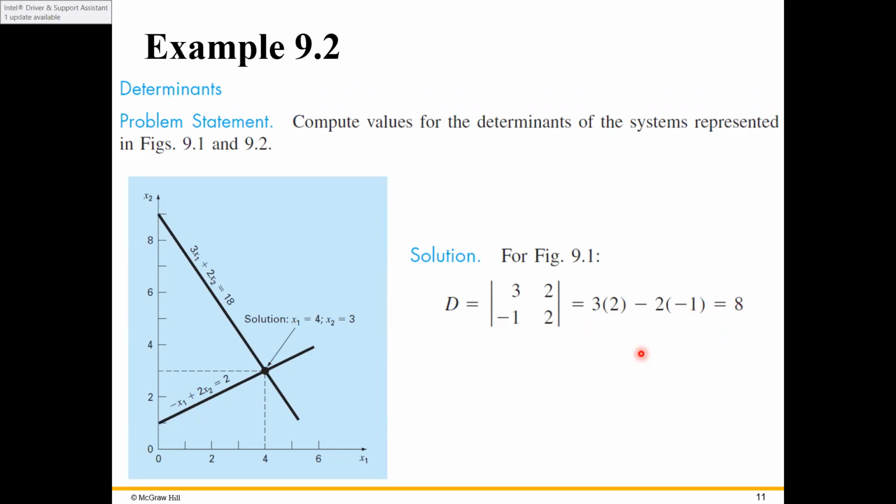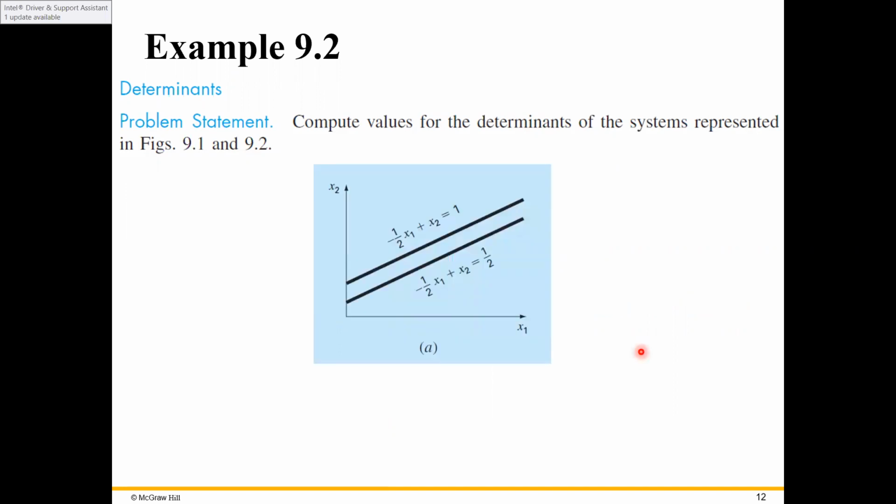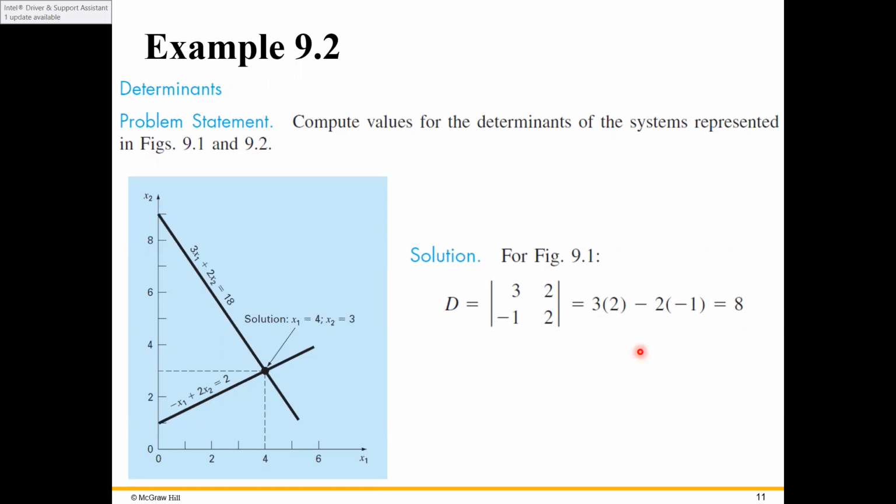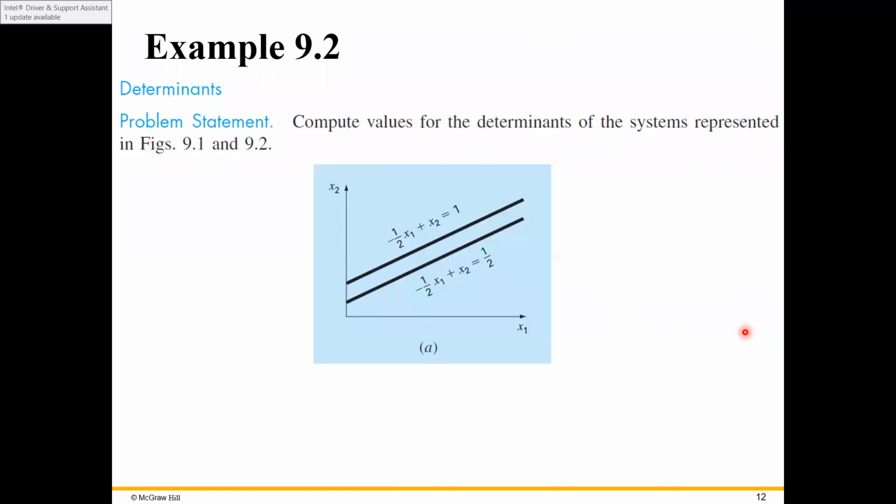So the determinant of this system of two equations is 8. In the second case, we have this equation, minus 1 by 2, 1 and minus 1 by 2, 1.